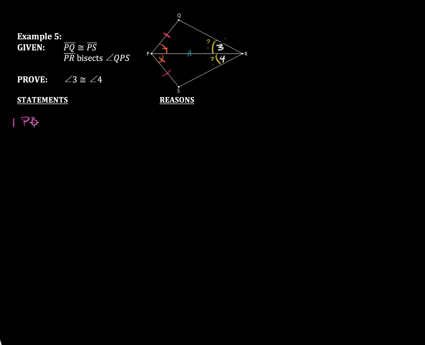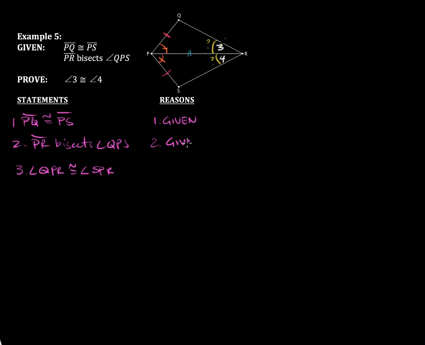First of all, PQ is congruent to PS, and that's given. Then we said that, well, if PR bisects angle QPS, it means that angle QPR would be congruent to angle SPR. So first of all, that's a given reason right there.